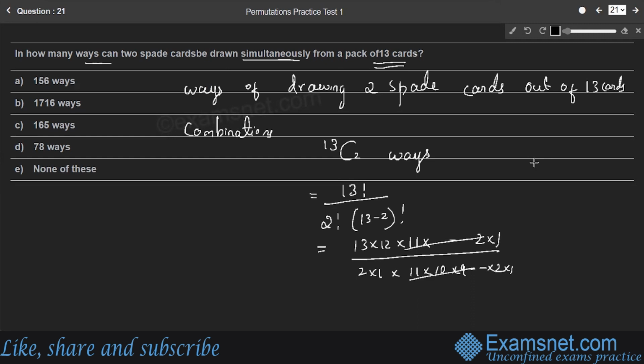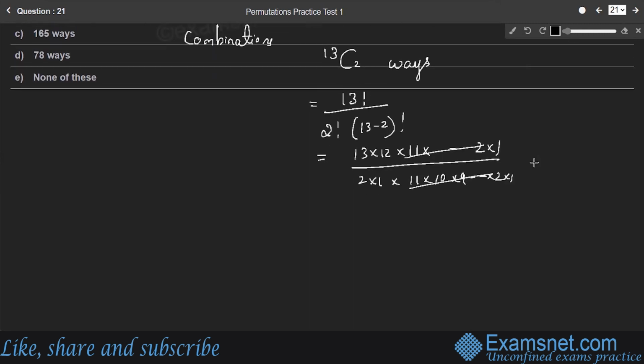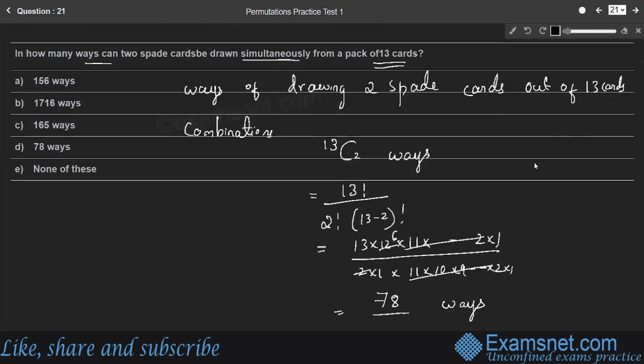Here 11 factorial and 11 factorial will get cancelled, and 2 into 6 is 12. So 13 into 6 is 78. Therefore, we can draw 2 spade cards out of 13 cards in 78 ways. Therefore, option D is the right answer.